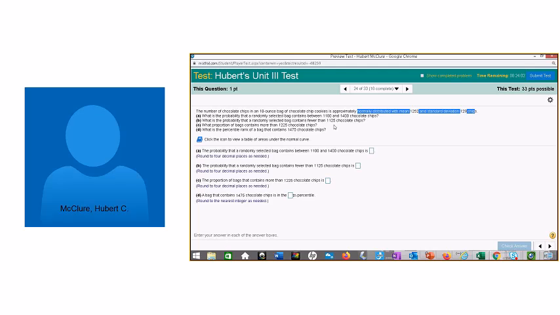Fewer is negative 9999 to 1125. More is 1225 to 9999. Here, negative 9999 to 1475. If you have an older calculator, you have to change each one of these numbers to z-scores and do the same thing.